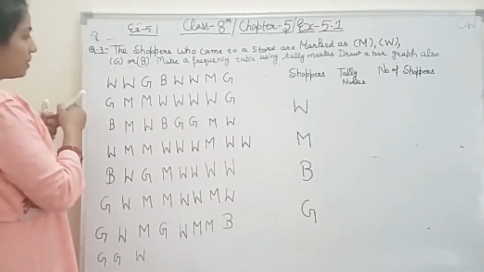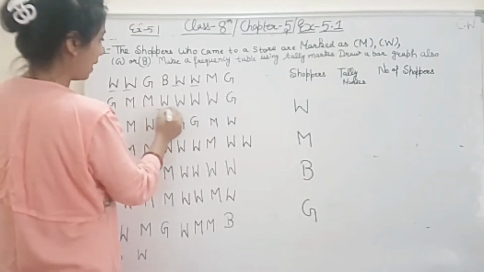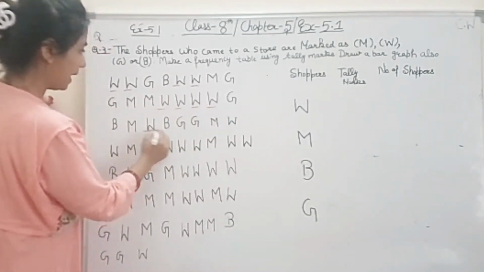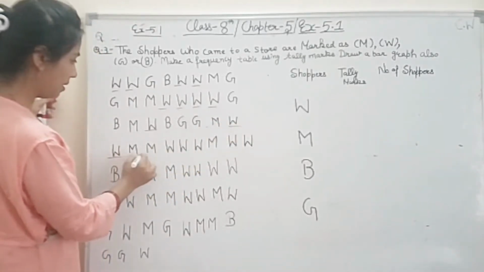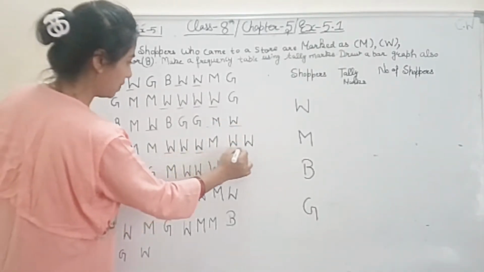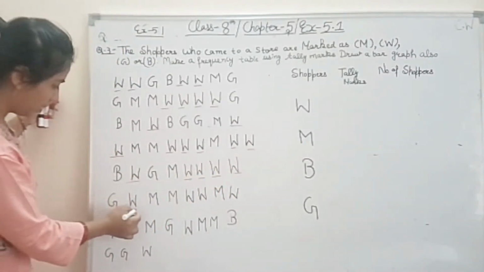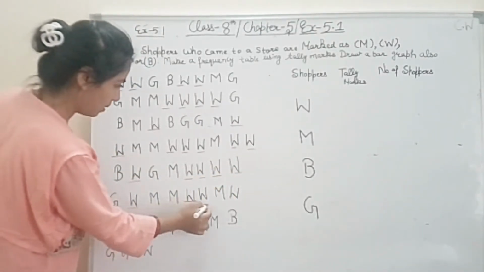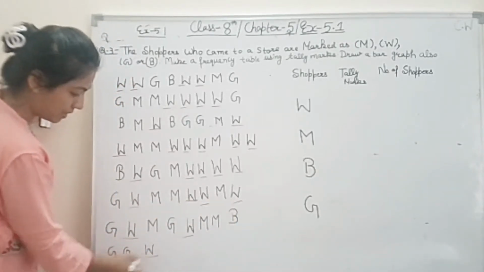Okay, so let's count: 1, 2, 3, 4, 5, 6, 7, 8, 9, 10, 11, 12, 13, 14, 15, 16, 17, 18, 19, 20, 21, 22, 23, 24, 25, 26, 27 and 28.